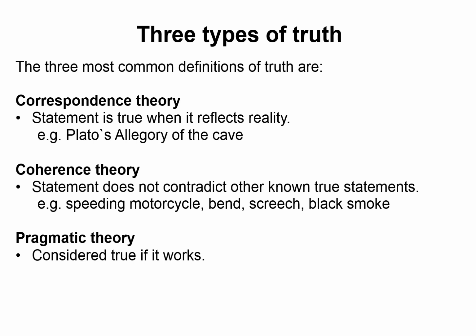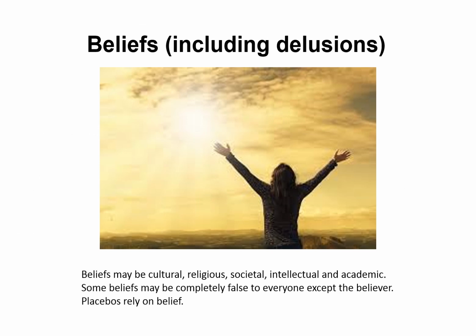Let's come to the third type of truth, the pragmatic theory. Here, it's very practical and we consider it true if it works. Now we have some problems because when you consider it true if it works for you, it could work because of some beliefs. So the beliefs may be cultural beliefs, religious beliefs, beliefs about your society, or maybe even connected to your intelligence or what you've read about and what you've studied.